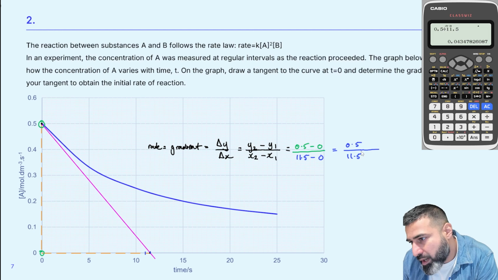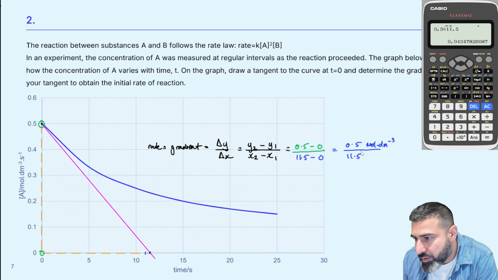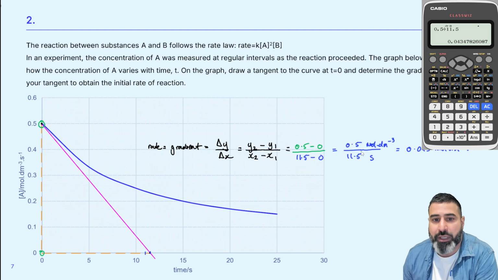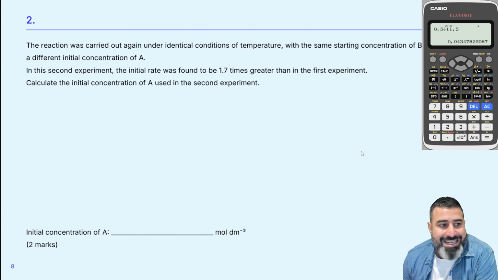My y has units of moles per decimeter cubed, my x has units of seconds, so this is going to be 0.043 moles per decimeter cubed per second, which are the units of rate. Lovely jubbly. Cool. Fantastic.